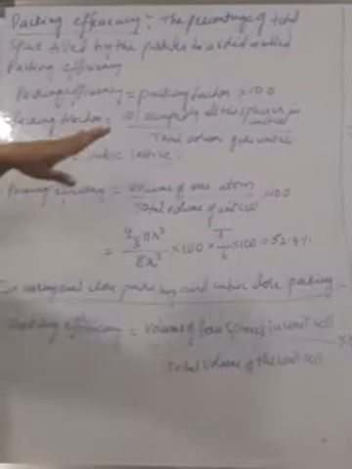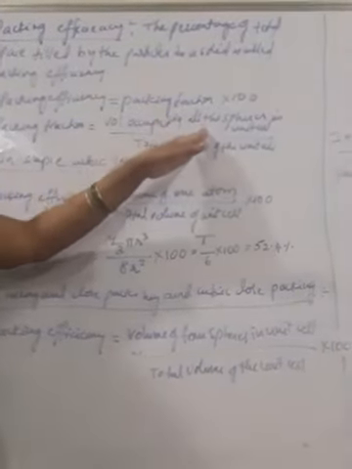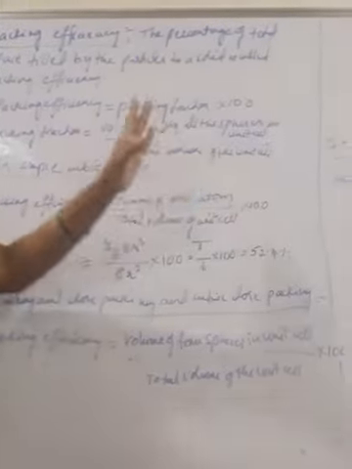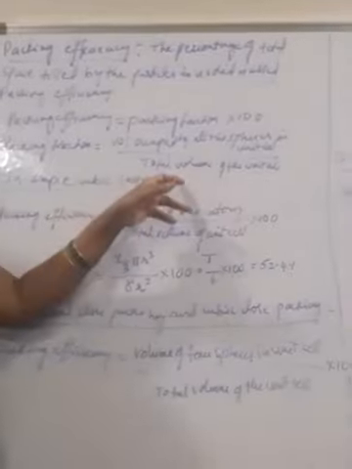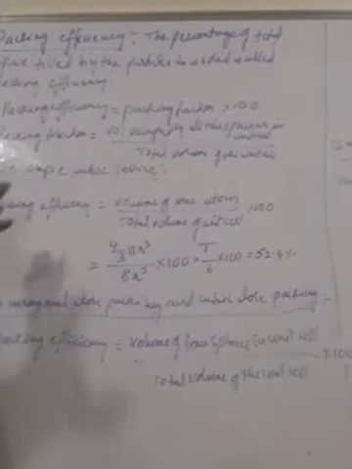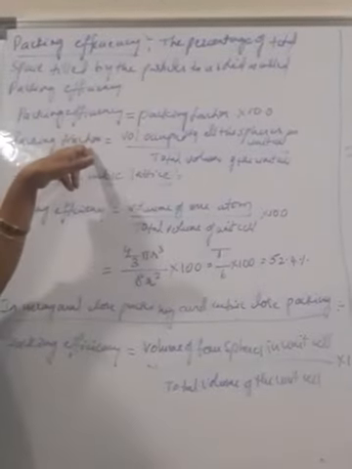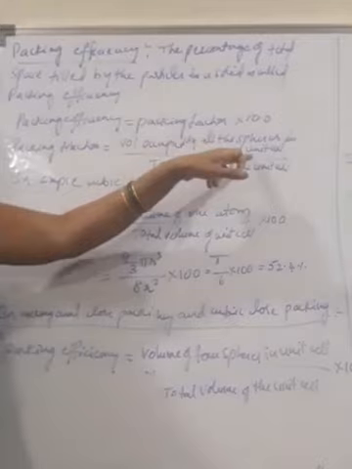Then what is packing fraction? Packing fraction is the ratio between the volume occupied by all the spheres present in a particular unit cell and the total volume of the unit cell.